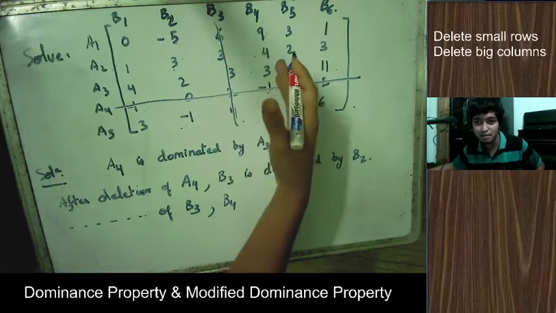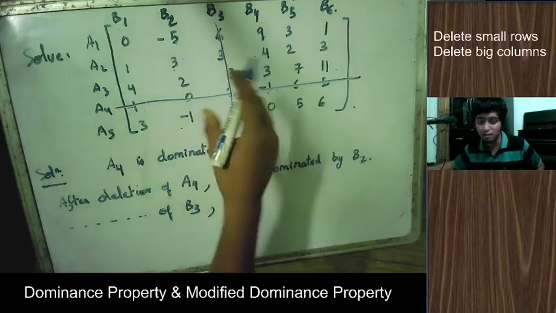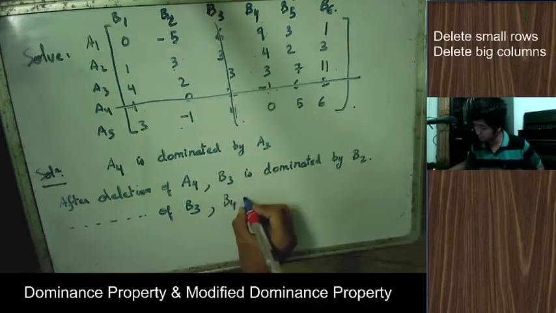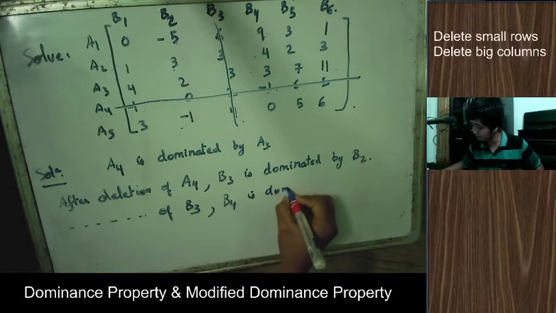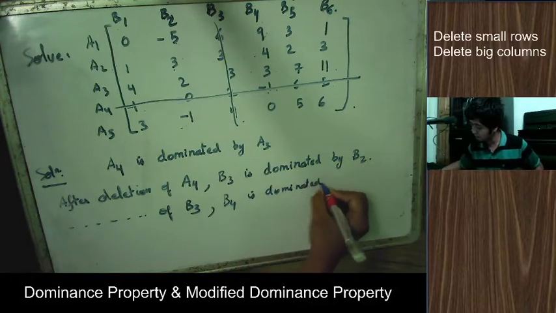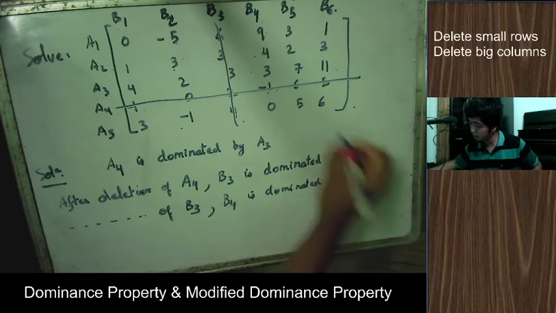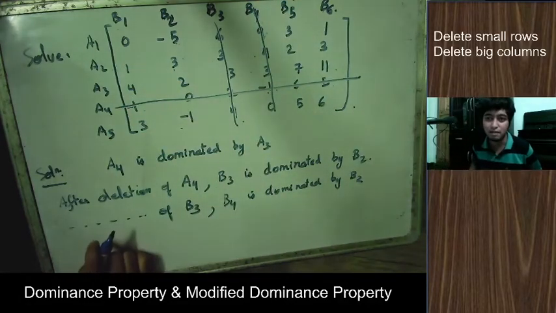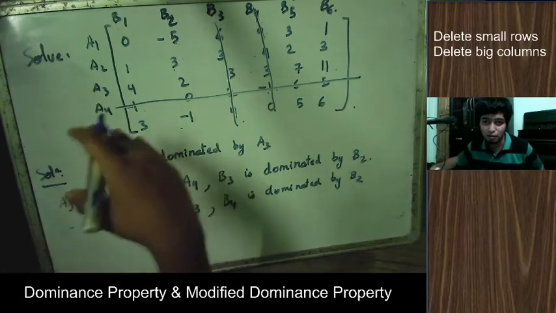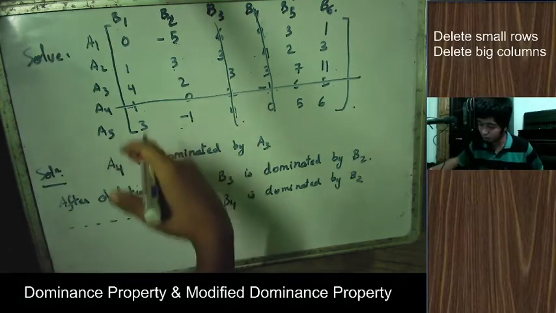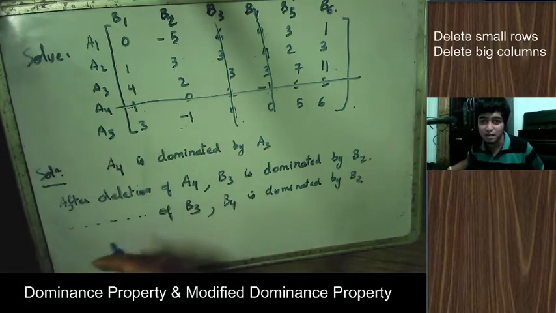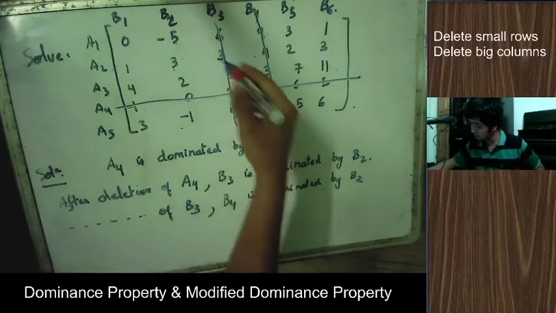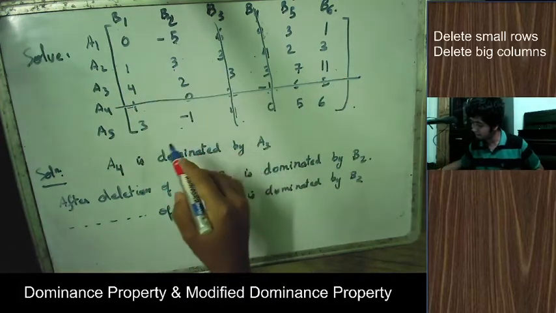The deleted numbers you don't have to check. B4 is dominated by B2. Again, you can go with rows or columns, it depends on you. The order doesn't really matter. Some of you may have a different order. It doesn't matter.